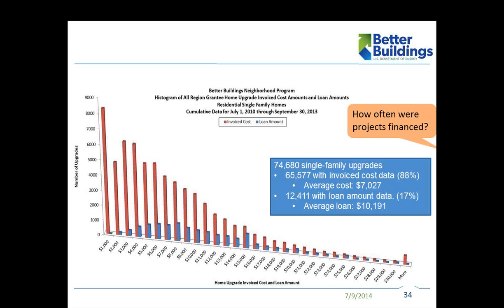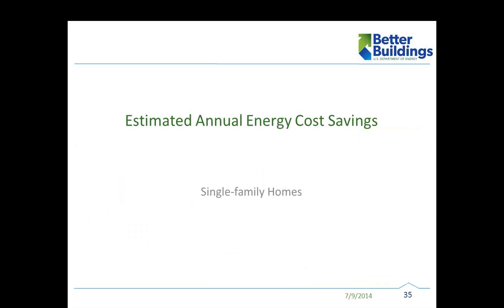And of those that were financed, they tend to be a higher average cost than the typical average cost of an upgrade. So a little information there about loans versus invoice costs. And again, in this case, we did not remove any outliers, which would definitely be appropriate to do and to see how that affects the overall results.